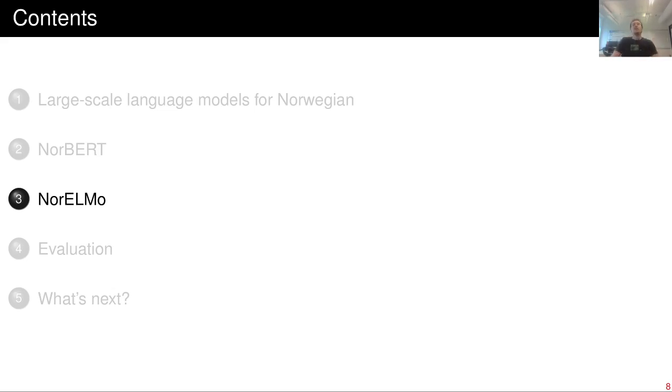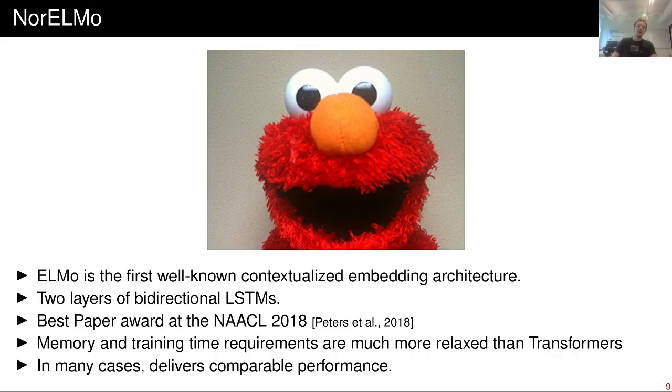But we're not limited to only transformer-based models, and we also provide some ElMo models for Norwegian. As you probably remember, ElMo was the first well-known successful contextualized embedding architecture, which got the Best Paper Award at NAACL 2018. And unlike transformers, it consists of 2 layers of bidirectional LSTMs.